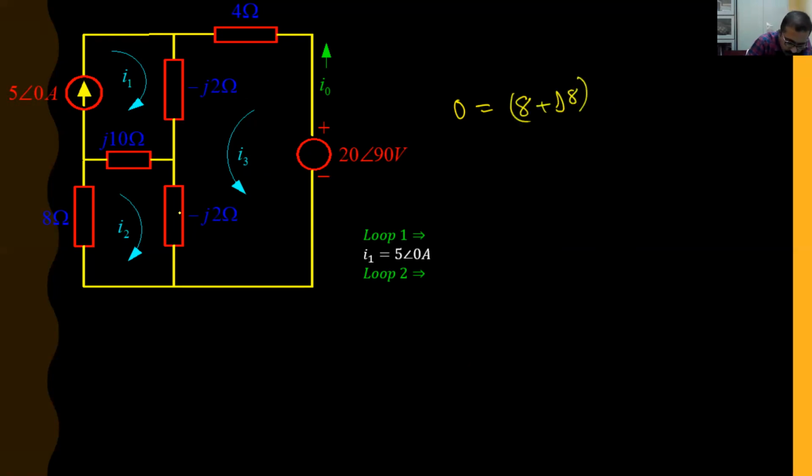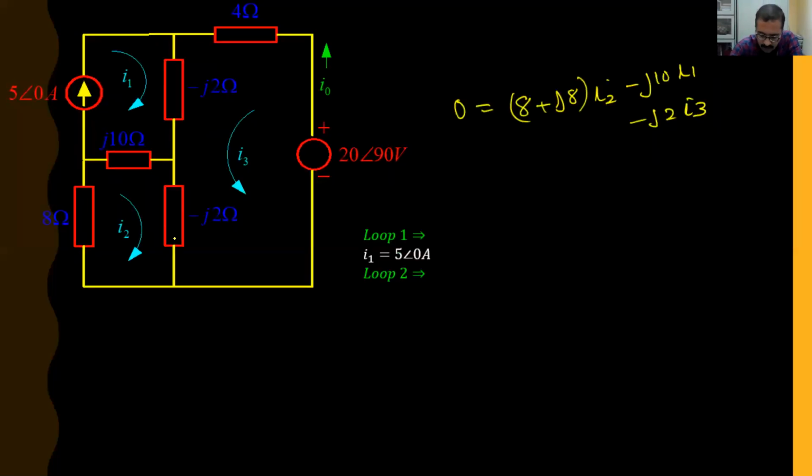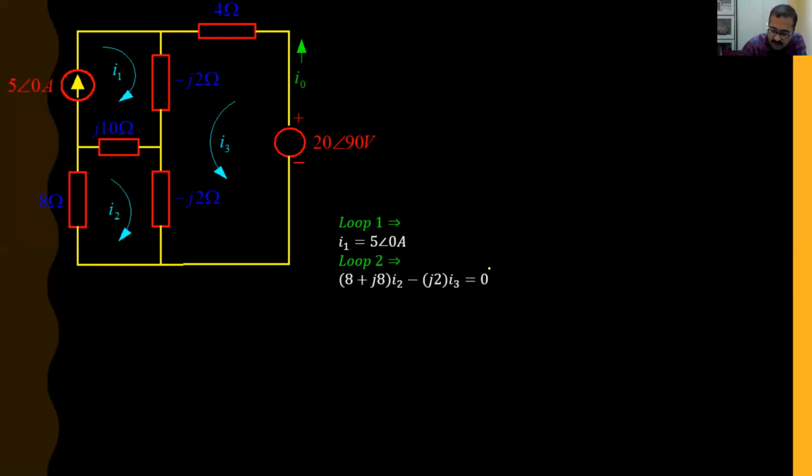I will write in one go: 8 plus J8 I2, then minus J10 I1, then minus J2 I3, because through J10, I1 and I2 are in opposite directions, whereas through minus J2, I2 and I3 are in the same direction. So you will get this equation. I1 value we know, so you can substitute and you will get your loop 2 equation like this.